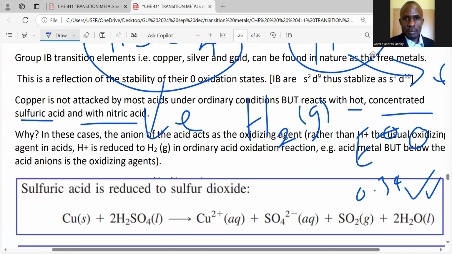So copper can react with what? Hot concentrated sulfuric acid, but also with nitric acid, whether it is concentrated or dilute. I hope you're getting that clearly. Copper will react with hot concentrated sulfuric acid, full stop, but also it can react with nitric acid, whether the nitric acid is dilute or concentrated.